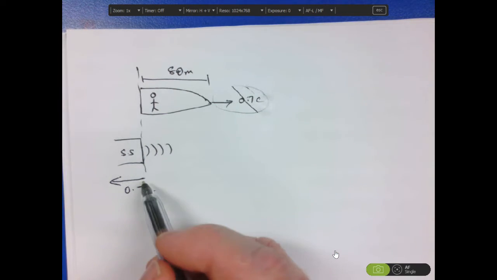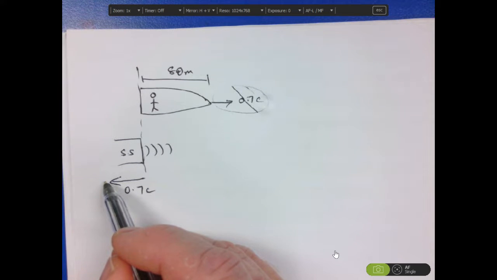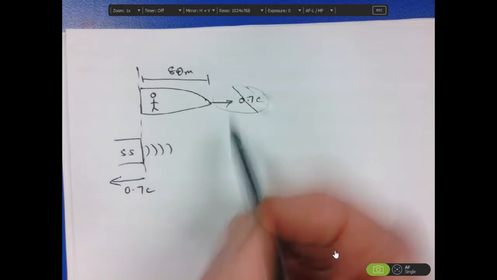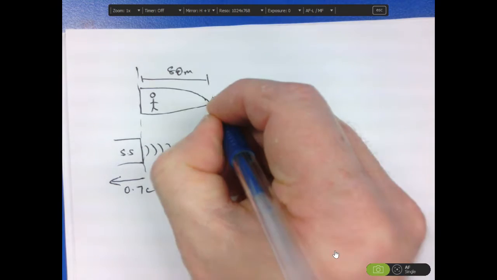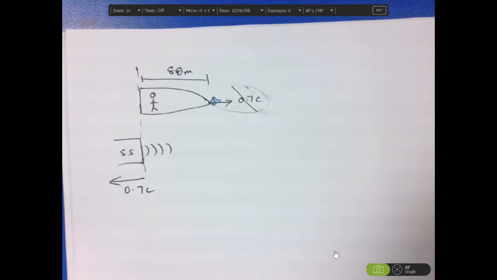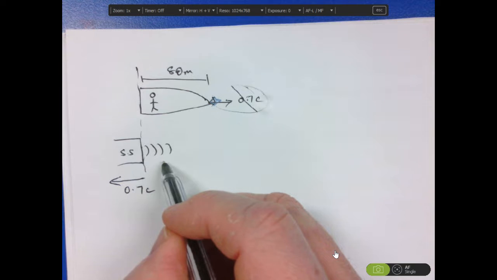Now, it doesn't matter that the space station is moving backward away from the tip of this craft's nose. Remember, this is where the actual receiver is. The speed of light always travels at the speed of light.